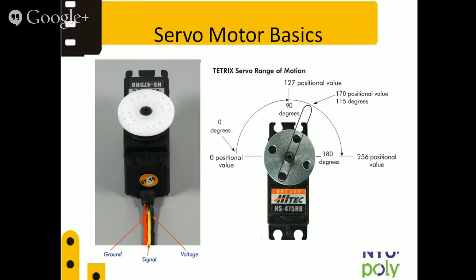So it is fairly possible to make a rotation of half a circle, and the actual values for these degree values are from 0 to 256. So half of that, which is 127, directly corresponds to 90 degrees. So 90 degrees is signified by the value of 127, which we are going to give to the motor through our program, and a maximum value of 256 will signify that the motor rotates from 0 to 180 degrees.